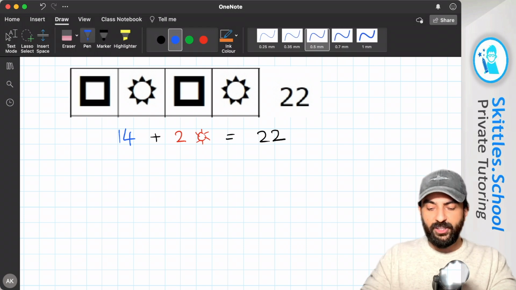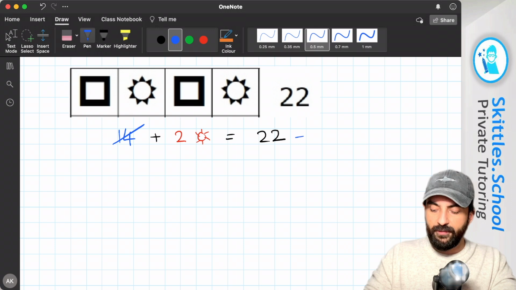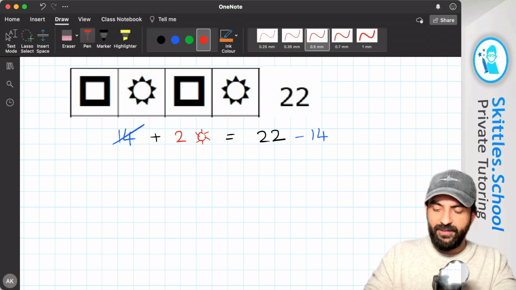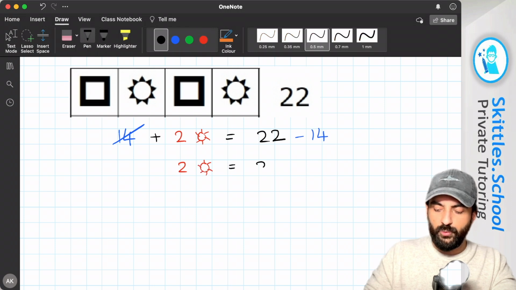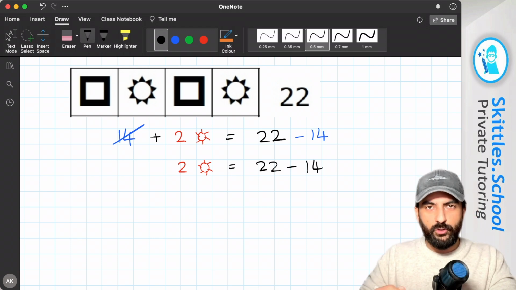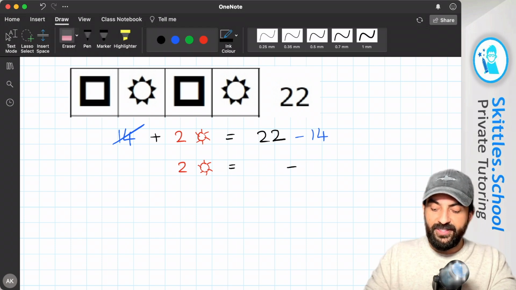And again, we can apply algebra. We can subtract the 14 to be left with 2 suns is equal to 22 minus 14. 22 minus 14 is 8.